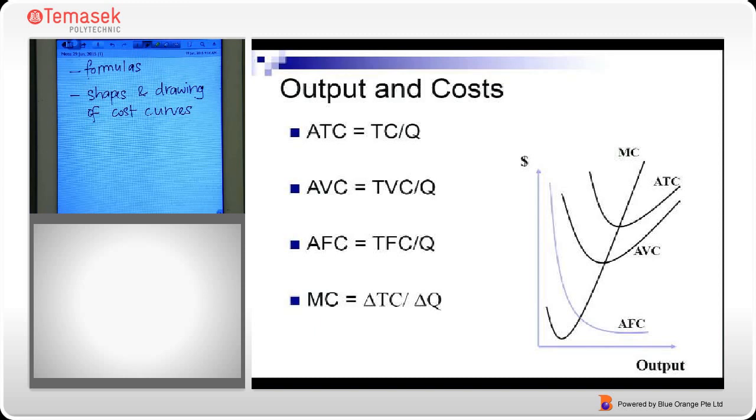And if you look at the average cost diagram, AVC and ATC are U-shaped, MC is also U-shaped, and AFC slopes downwards. So know all the formulas and how to draw all the different cost curves.